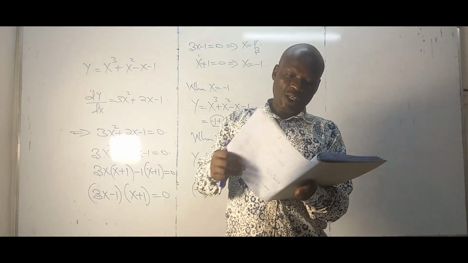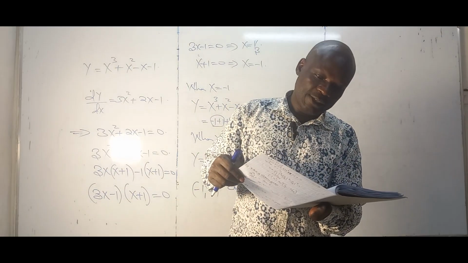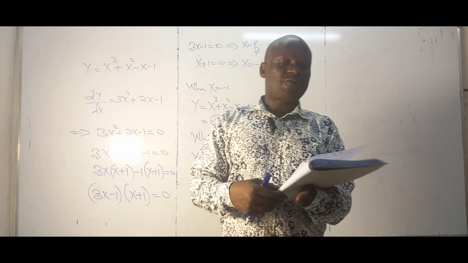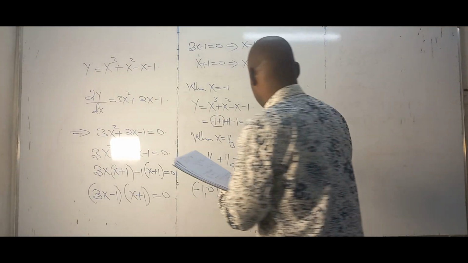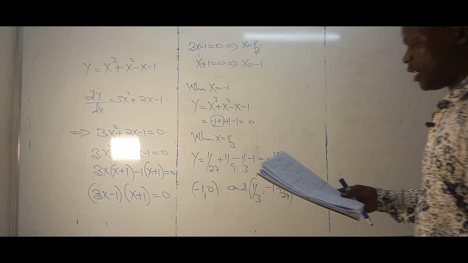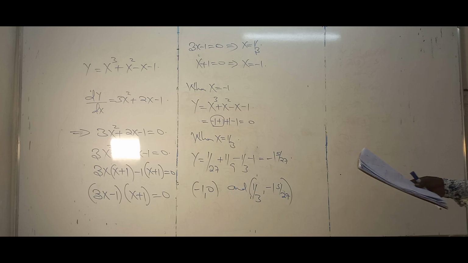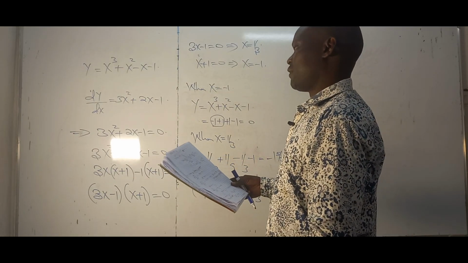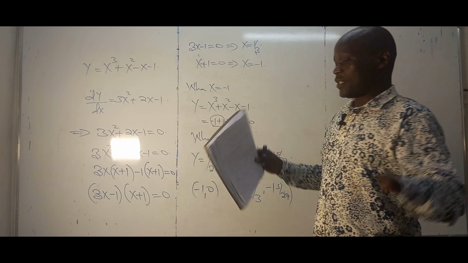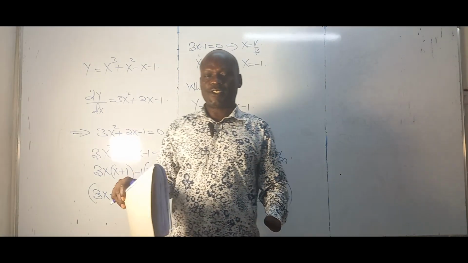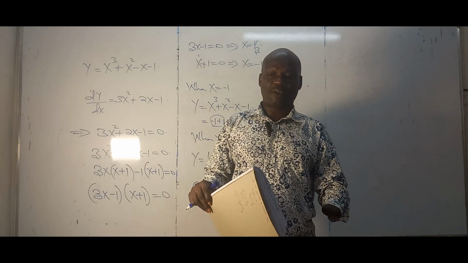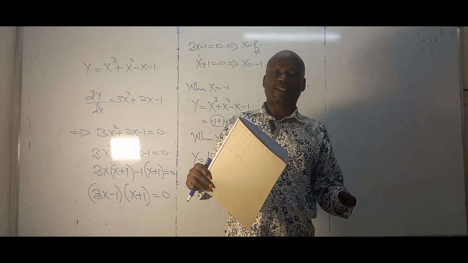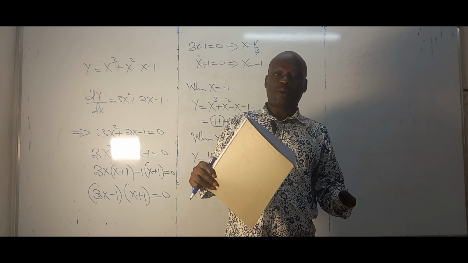Roman 2 says we need to determine the nature of the stationary points we have just found in A above. For us to find the nature of these stationary points, it is worth finding the second derivative, because the second derivative gives us a sign that will guide us on whether that point is a maximum or a minimum.